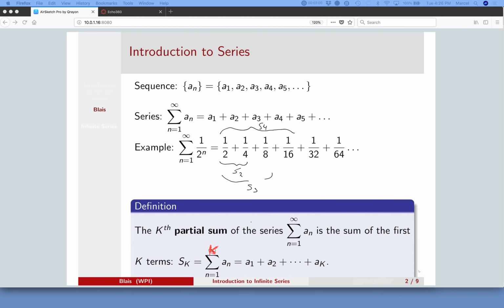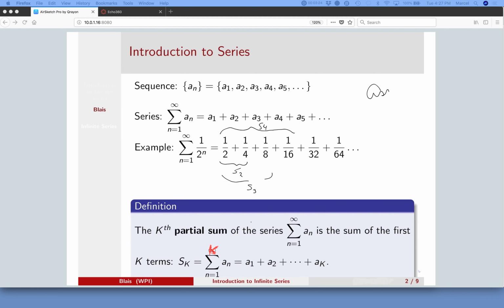And we're going to dig a little bit more deeply into that, but this is the key tool to help us understand what it means to add up infinitely many terms in a series. For now, we're going to assume for this entire lecture that the terms in the series are always greater than or equal to 0.